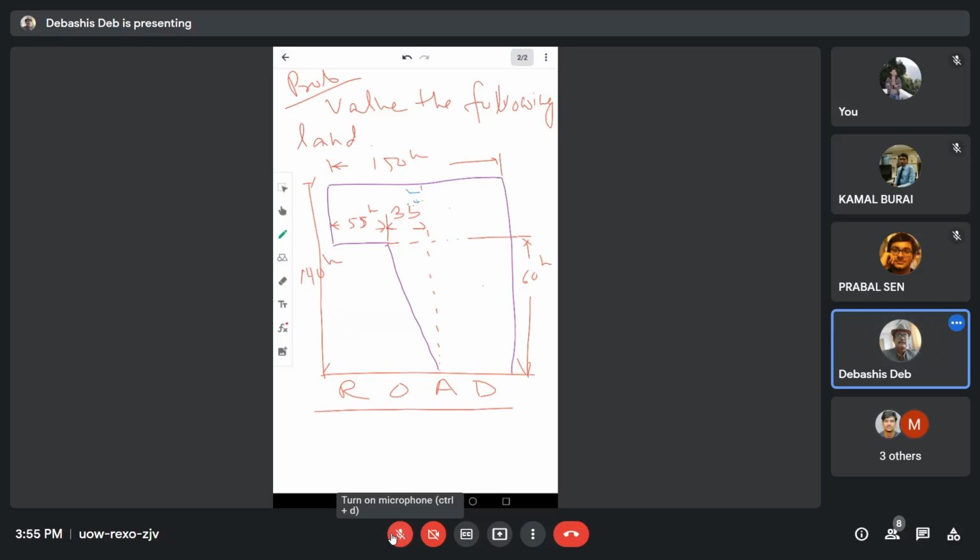Now we will be calculating. This portion will be 140 minus 60. It is coming as 80 meter.